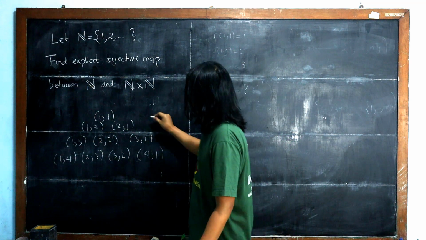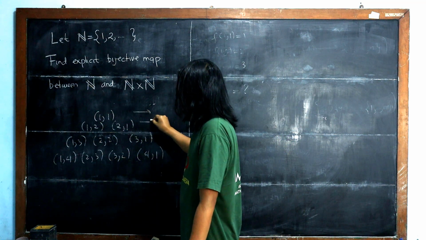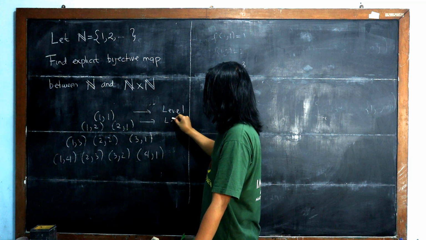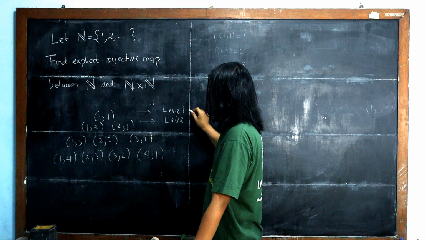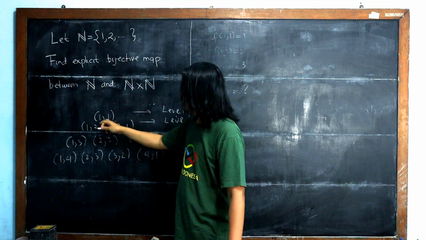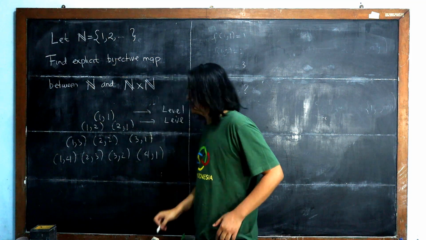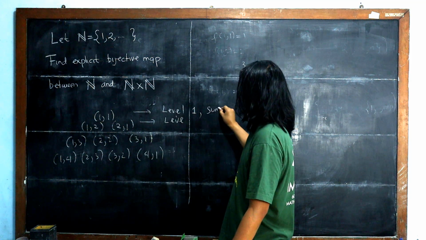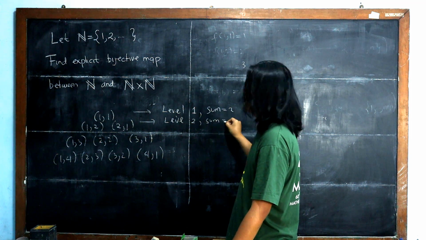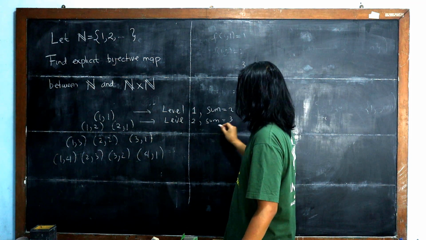Okay. So say this is level 1, this is level 2. On level 1, the sum of the two components is 2. On level 2, the sum is 3, and so on.